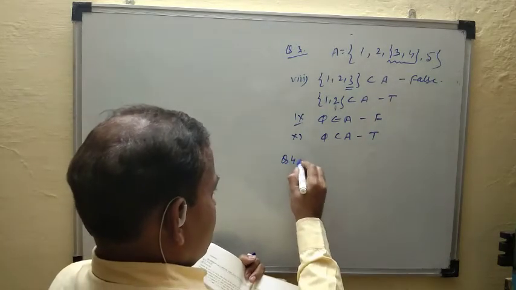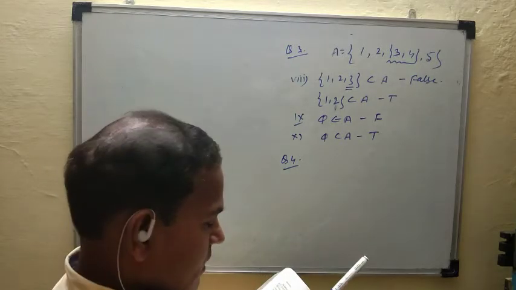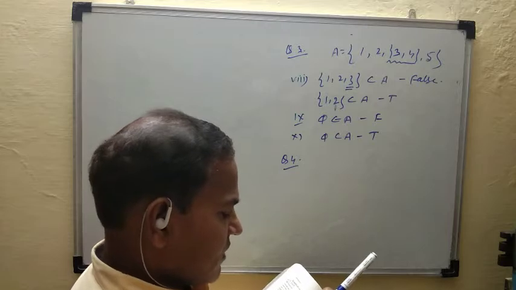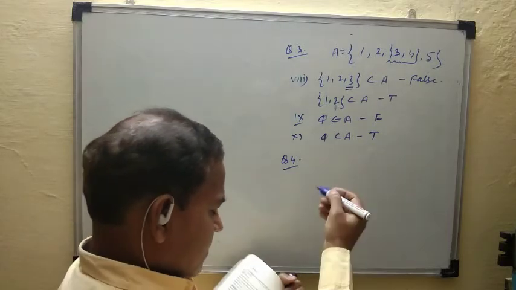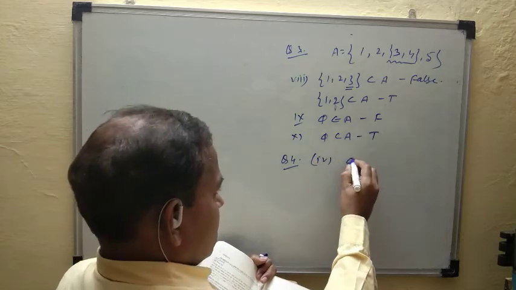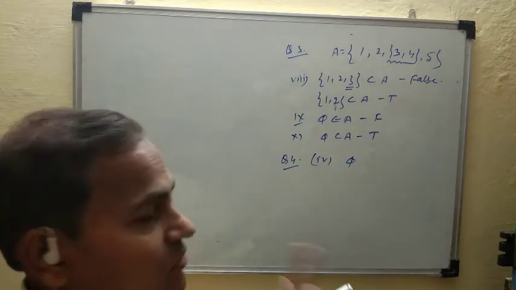Question number 4. Remaining question homework. Write down all the subsets of the following sets. So I discussed a previous example. Fourth part: write all subsets of the set. Here the set given is phi.